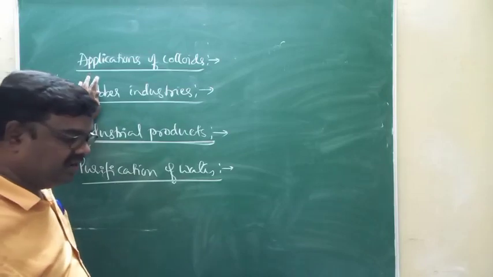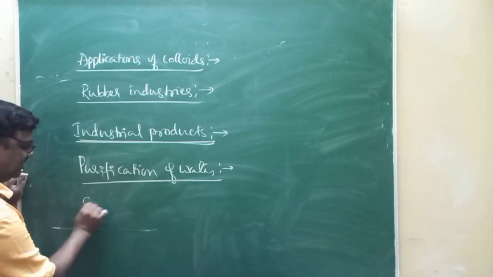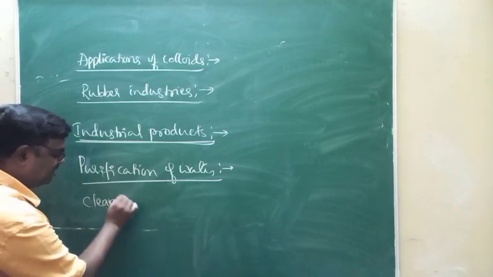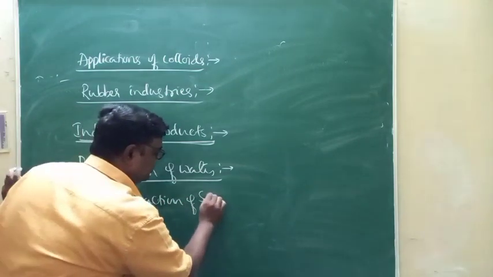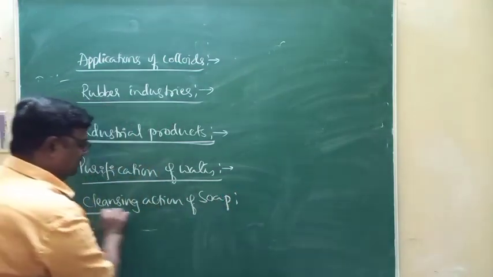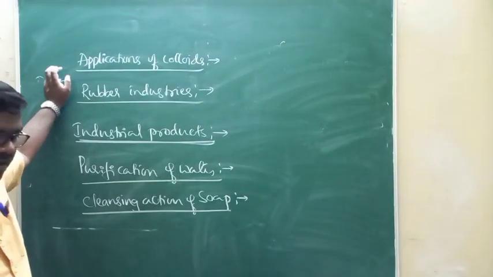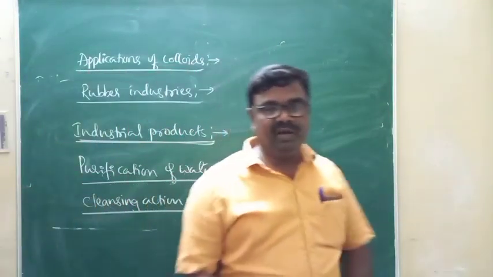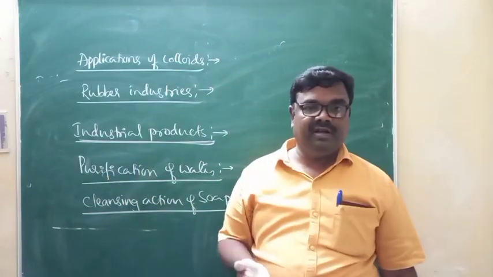Now at this moment, we'll go to one more application of colloids, the cleansing action of soap. The cleansing action of soap is due to a property of colloids once again. We make use of the properties of colloids to remove the dirt on clothes.